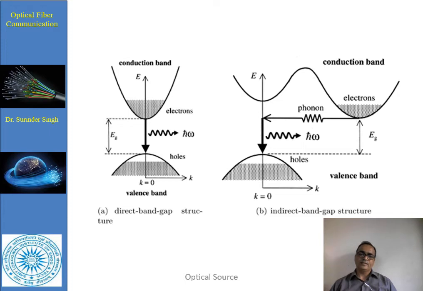So let's say for the case here, above is the conduction band and at the bottom is the valence band. Here is a large number of electrons, here is a large number of holes, and we assume that the momentum of the system is conserved here.